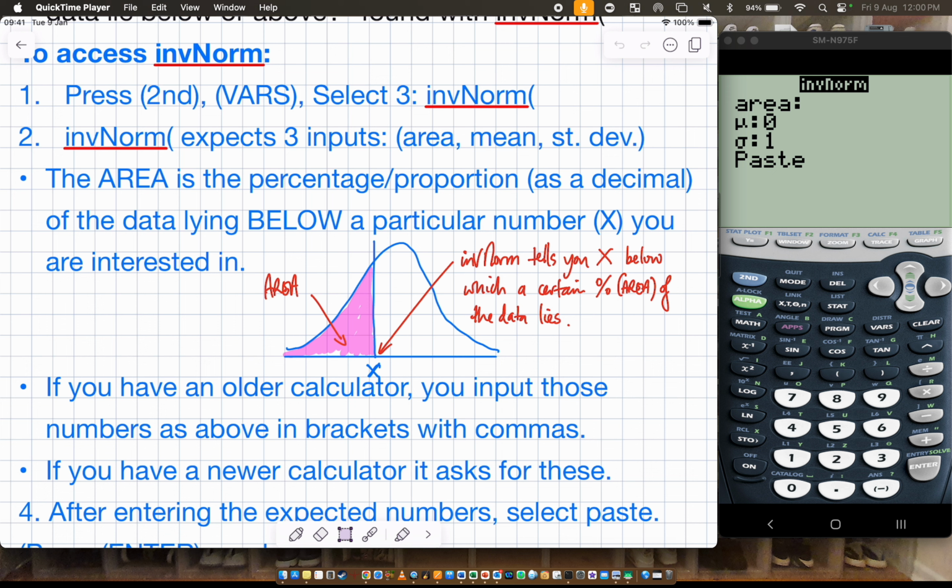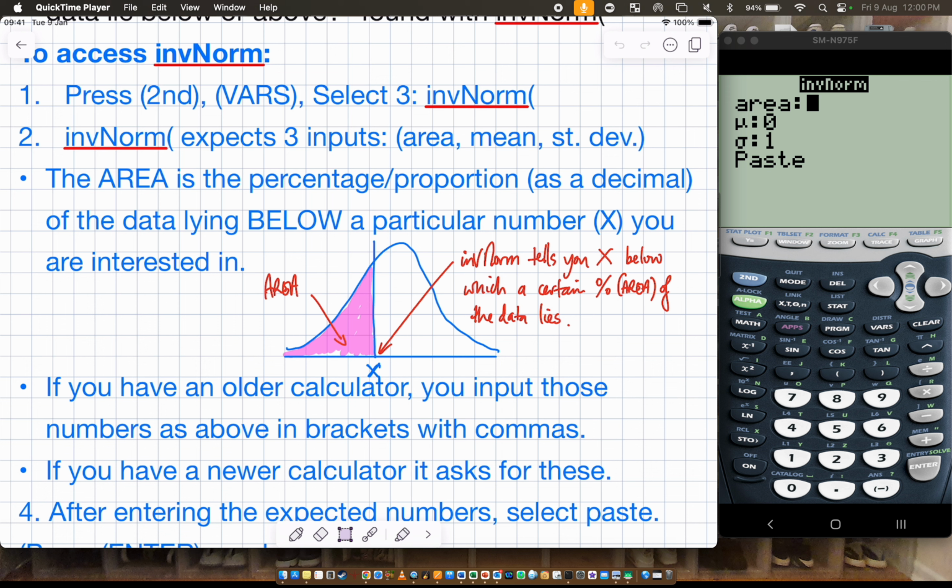What does inverse normal want? How does it work? Inverse normal expects 3 inputs. It wants the area, it wants the mean, and it wants the standard deviation. Here, I've illustrated what the area represents. Normal CDF used to tell you what percentage the area was.